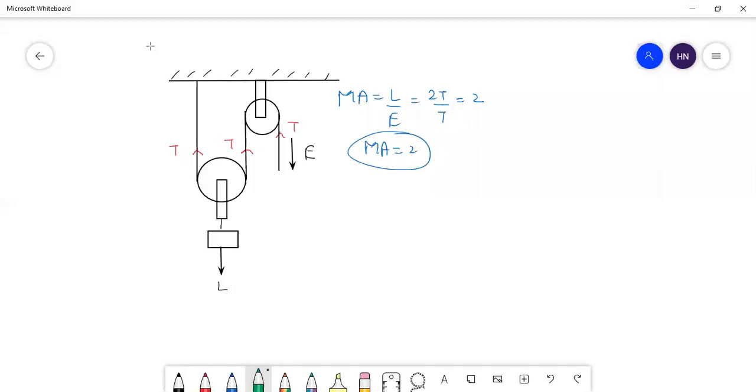Similarly, if I talk about the velocity ratio as distance moved by effort by distance moved by load, here also it is going to be the same. The distance moved by the effort will be 2D by D. It will be 2. That means the values are not getting changed.